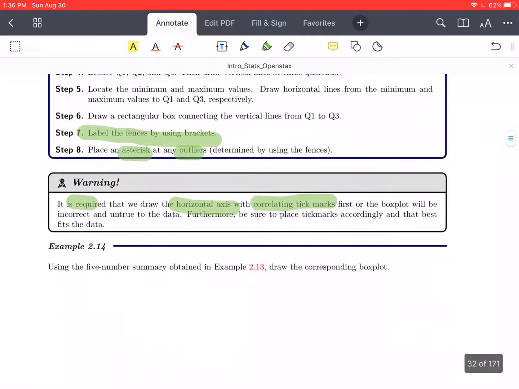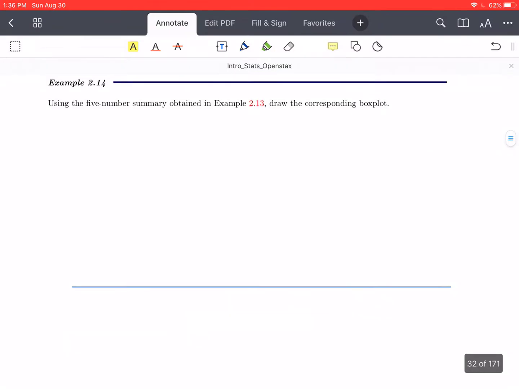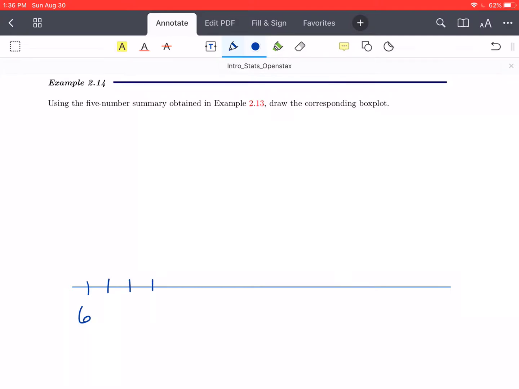So let me go ahead and put a scale on here. I'm going to start at 6, 7, 8, 9, 10, 11, 12, 13, 14, 15, 16, 17, 18, 19. Just go up to 20. Okay. So that gives us our very important scale.